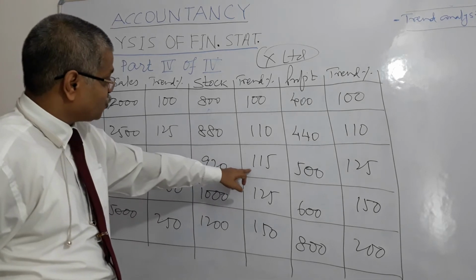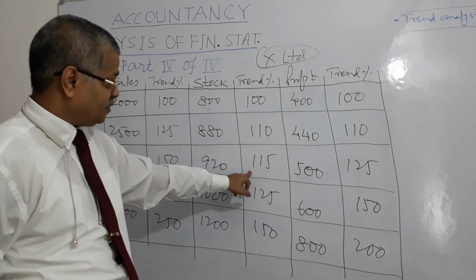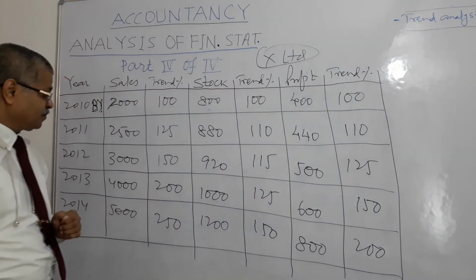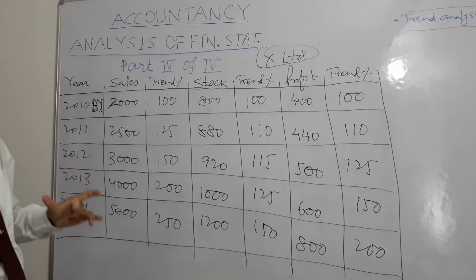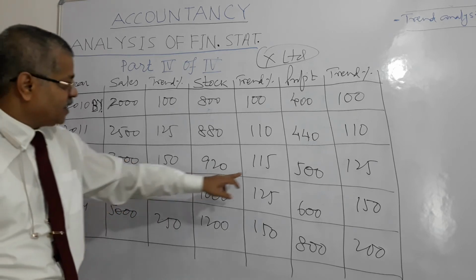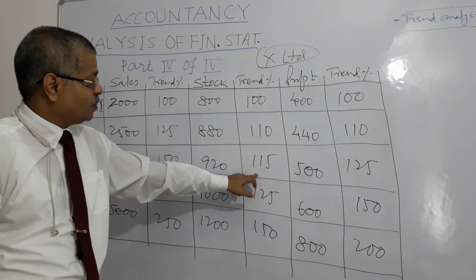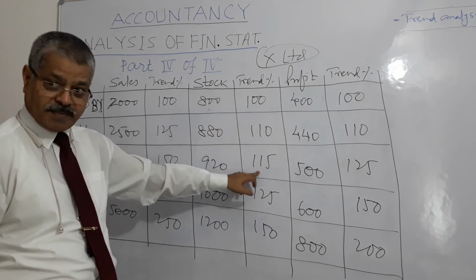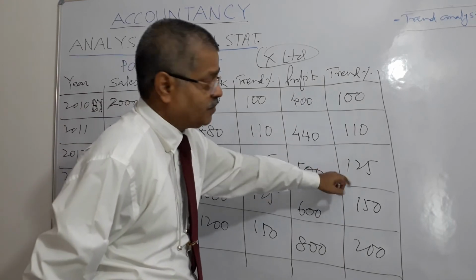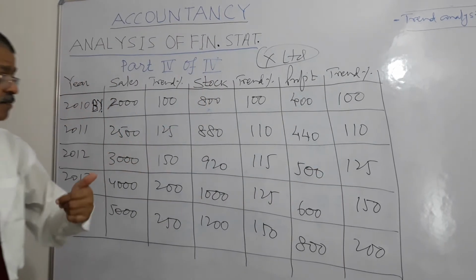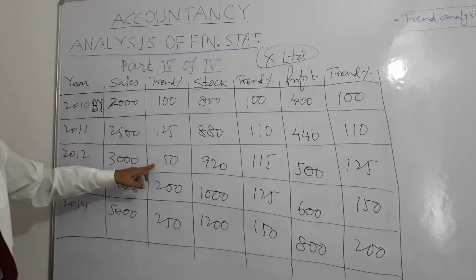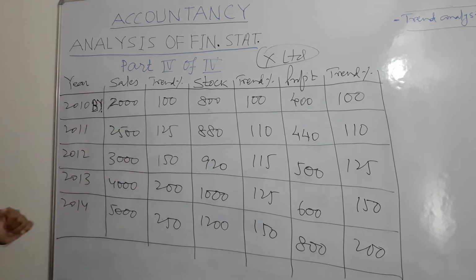But the stock trend shows only 115% and profit shows only 125%. So the lowest increasing trend for that year is in stock, which has become 115%, and more than that is profit, which has become 125%, and further more than that is sales, which has become 150%, right?